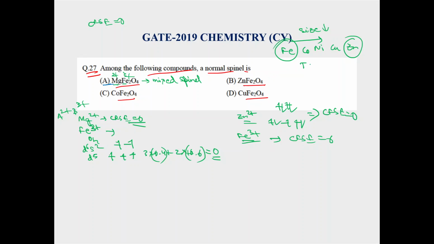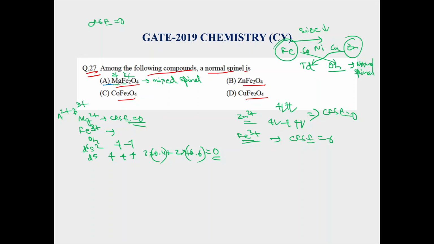Now we were talking about tetrahedral and octahedral voids, right? Since Zn is smaller and tetrahedral voids are smaller than octahedral voids, if Zn2 plus is going in the tetrahedral void and Fe3 plus is going in the octahedral void, then this will be a normal spinel structure.